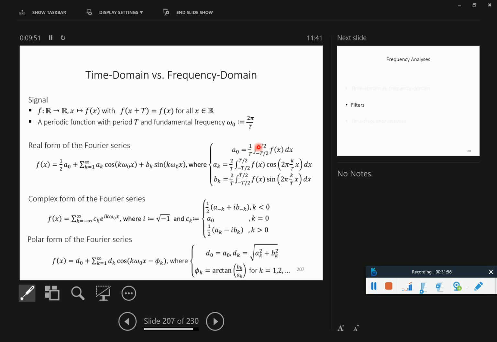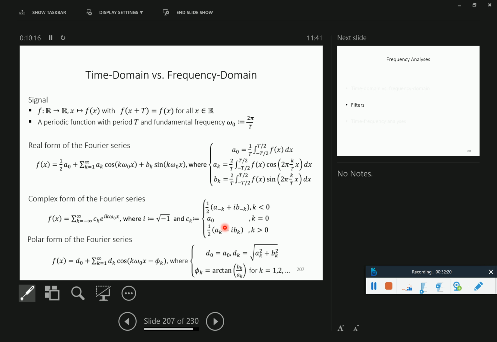The bottom line is that to get the coefficients, the frequency powers, if you want, for the real form, what you need is the signal and computing some integrals. If you have these, so this A0, AK, and BK, you can compute, if you want, the complex form and its corresponding coefficients.